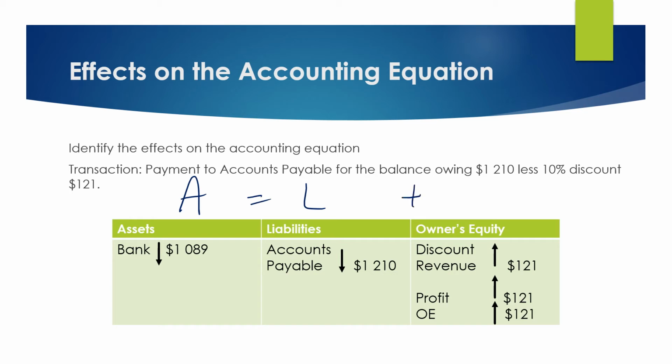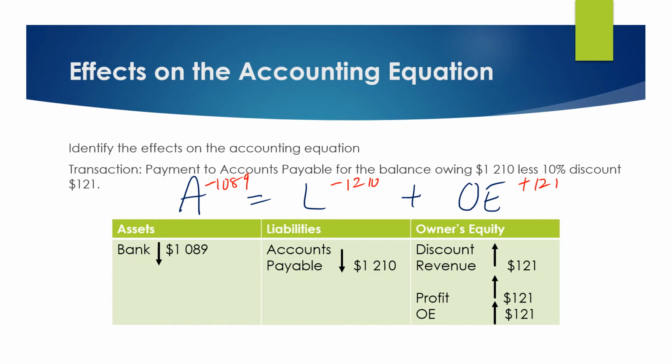Now let us check to confirm that our accounting equation remains balanced. So here we have our accounting equation, assets equals liabilities plus owner's equity. On the left side, we have our assets decreasing by $1,089. Whereas on the right side of the equation, we have our liabilities decreasing by $1,210, whereas our owner's equity increased by $121.